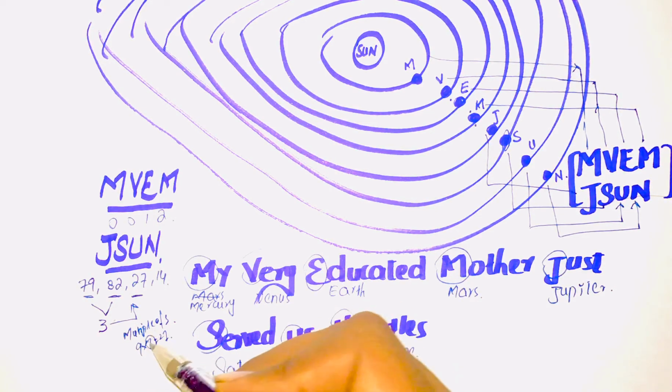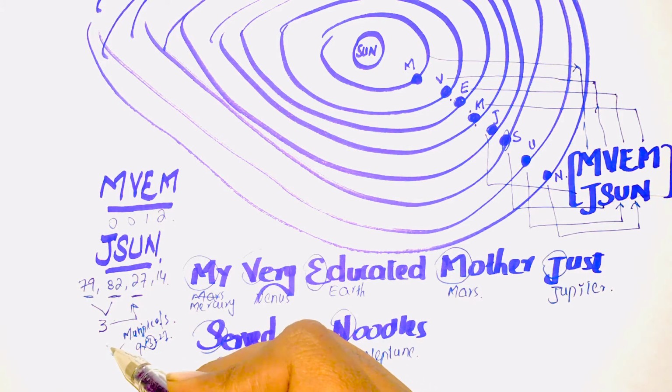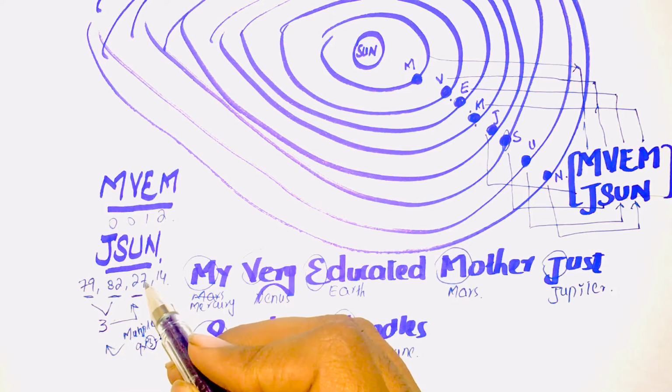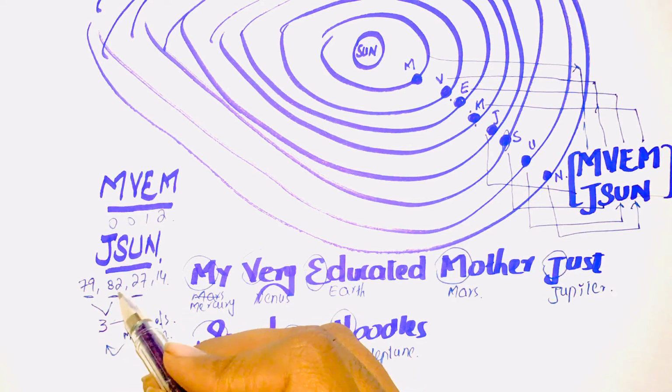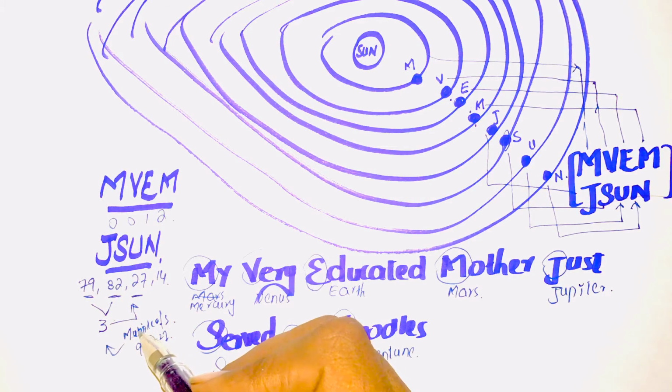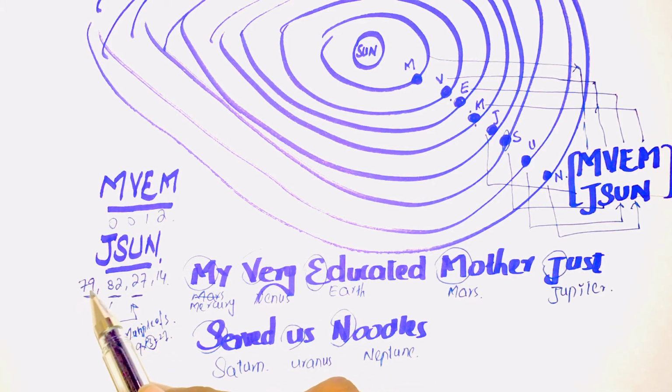So you have to pick this 3: the difference of the first two numbers is 3, and the third one is a multiple of 3. If you can remember this, you can easily remember these difficult digits. And these are actually the moons of these planets.